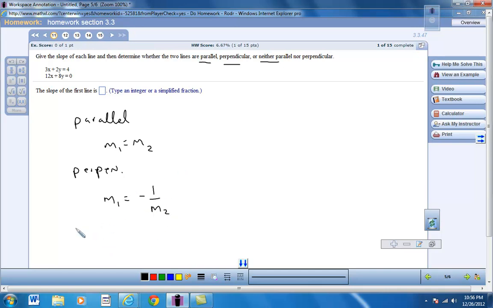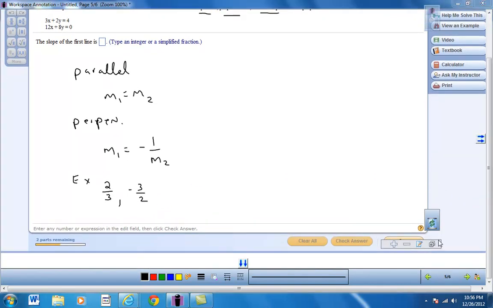As an example, not only the reciprocal, but we also notice the opposite in sign. If we have a slope of 2/3, our other slope must be negative, and the reciprocal, you just flip it. If our slope is 5, then it must be opposite, negative, and it's like 5 over 1, so the reciprocal would be 1 over 5. These are two examples where they are perpendicular.